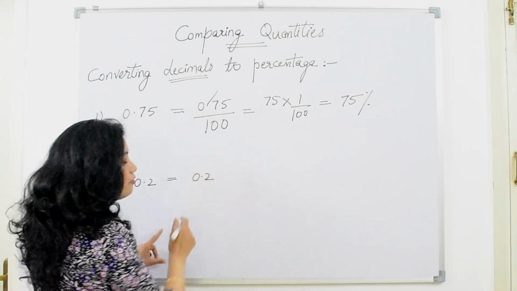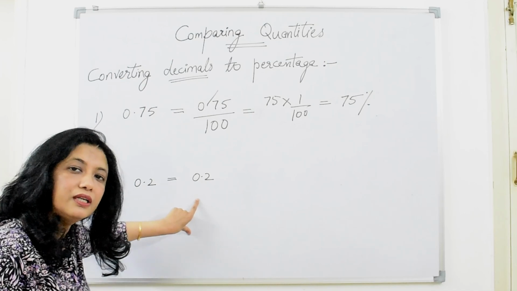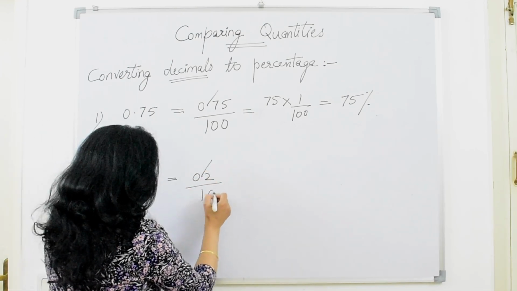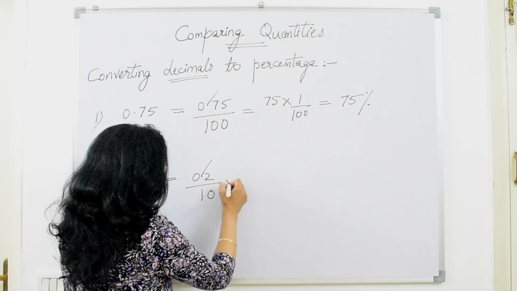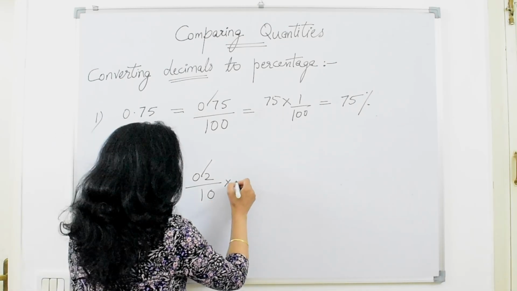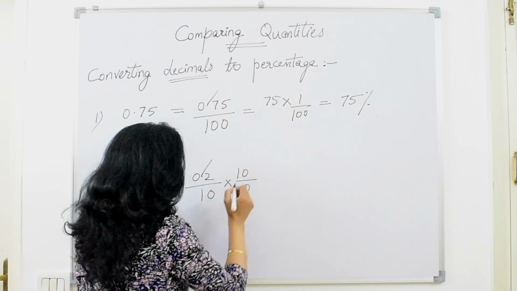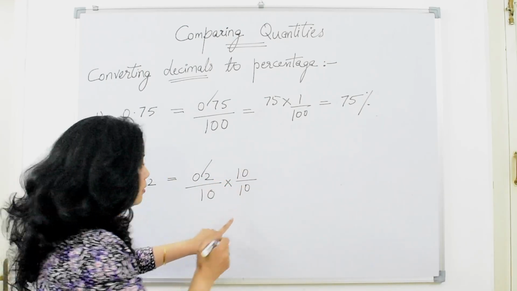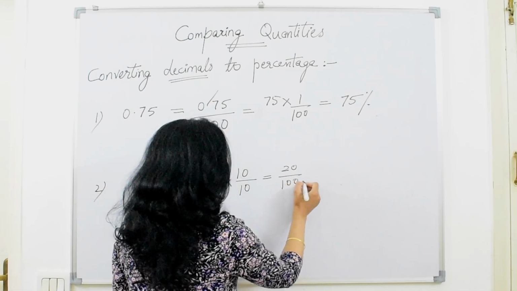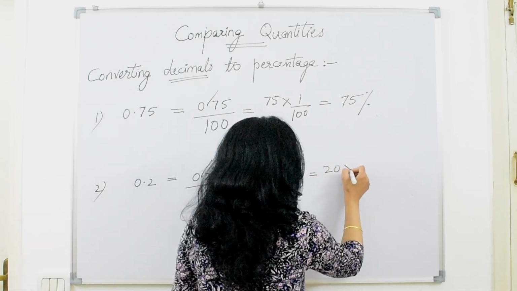0.2. Again we will remove the decimal sign and convert it into a fraction. 2 by 10. Now how can we make it 100? Multiply by 10, both the numerator and the denominator. We get 20 by 100.